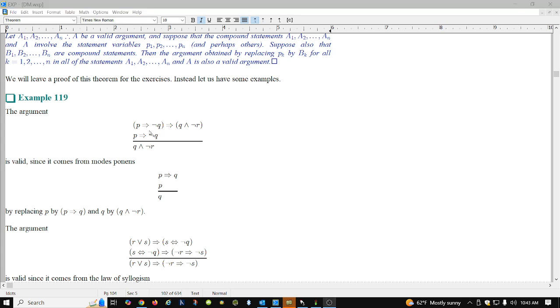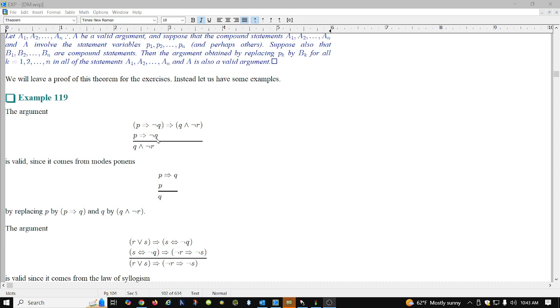So, for example, this is a substitution instance of modus ponens. P is replaced by P implies not Q. Not only the first P, but the second P, same thing.